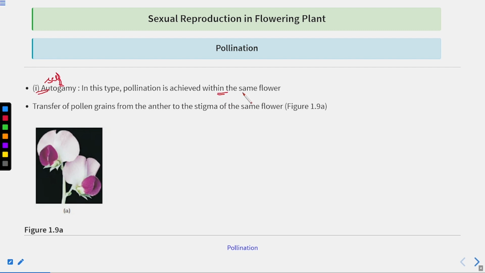This means the pollen grains are transferred from the anther to the stigma of the same flower. So this is known as self-pollination or self-fertilization.